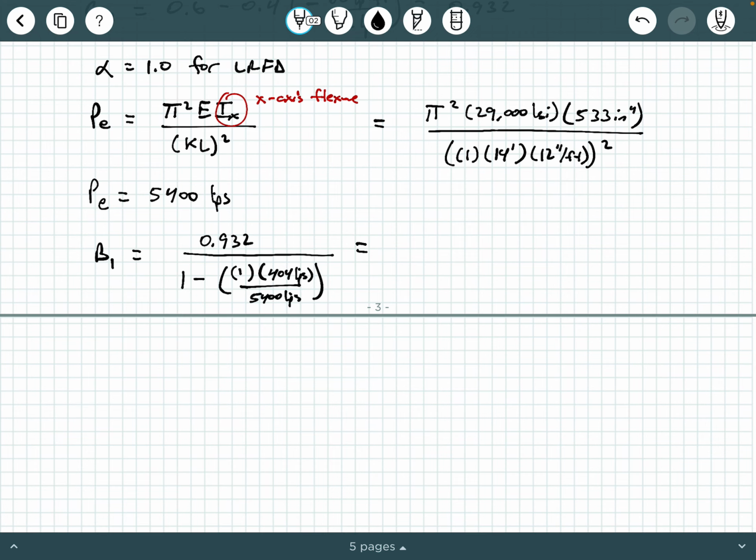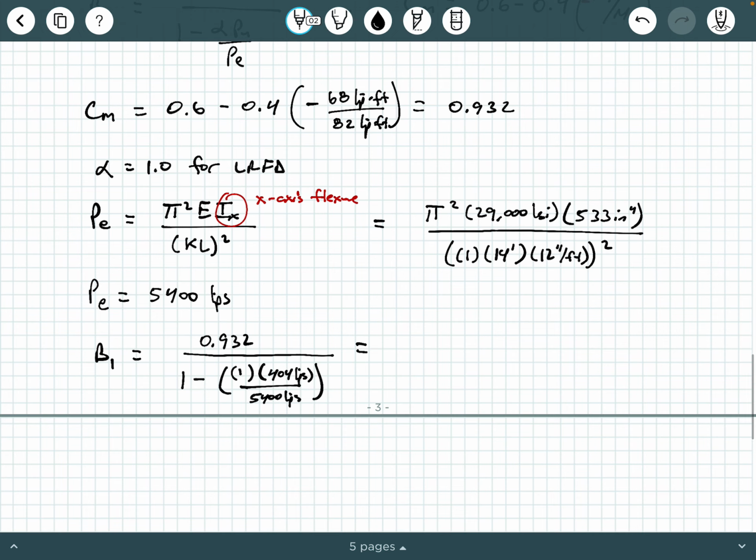And let's see what we turn up here. 404 over 5,400, 1 minus that value, and then 0.932 divided by that value. So I get a pretty small number, but 1.007. So again, this is bigger than 1.0, so we're going to use it. And so here we go.